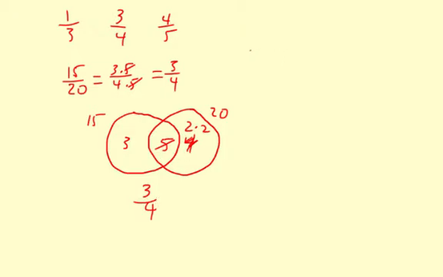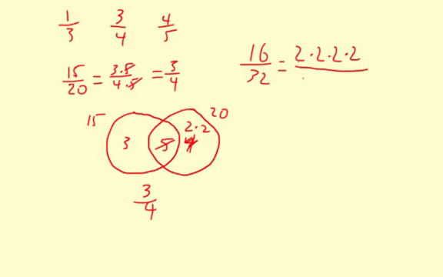Let's do one more example. 16 out of 32. What I'm going to do is factor the 16 and the 32 all the way. 16 is 2 times 2 times 2 times 2. But I got that because 4 times 4 is 16, so that's 2 times 2 is 4, and then the other 2 times 2 is another 4.